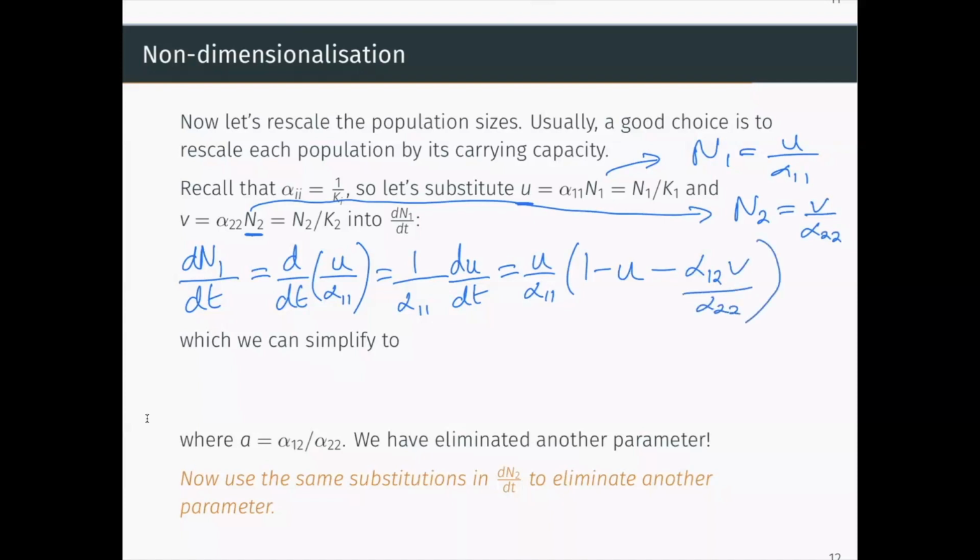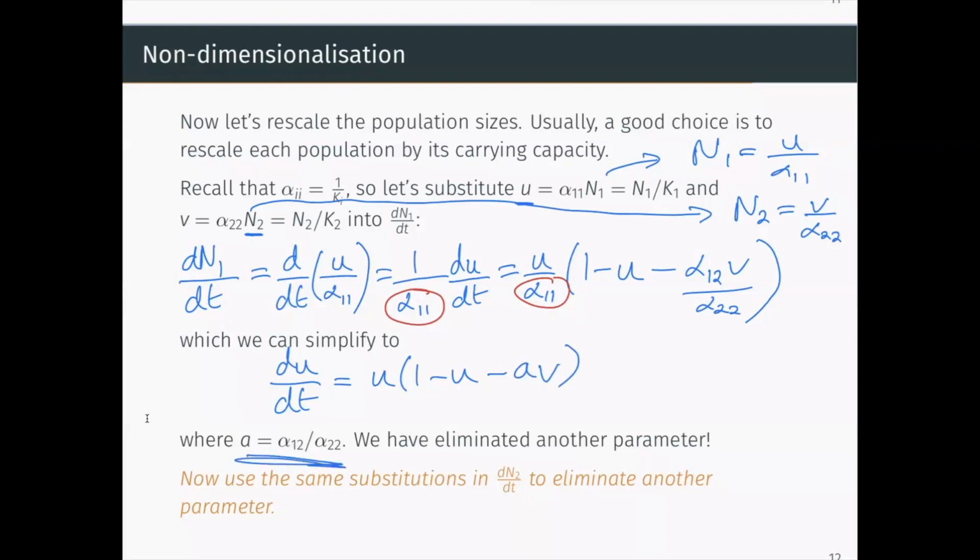Okay, so I've got rid of the n's now and put in some u's and v's. But if we notice here that we're dividing both sides by alpha 1,1, so we can multiply both sides by alpha 1,1, and we'll eliminate that term. So you can simplify this down to du dt is equal to u times 1 minus u minus, I'll call this parameter a, times v.